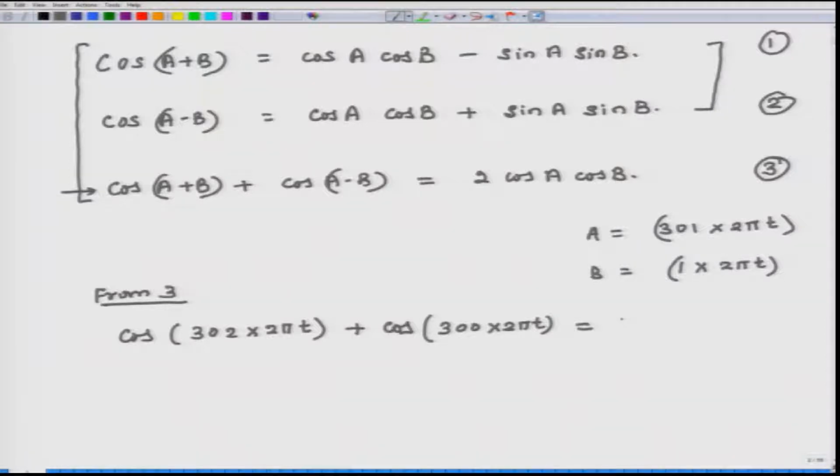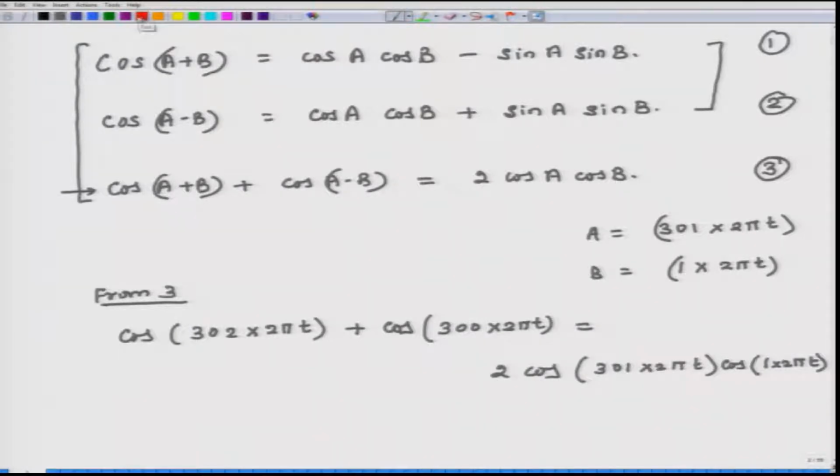This equals 2 times cos of 301 times 2 pi t, times cos of 1 times 2 pi t. Mathematically it is the same, but I just wanted to point out something.